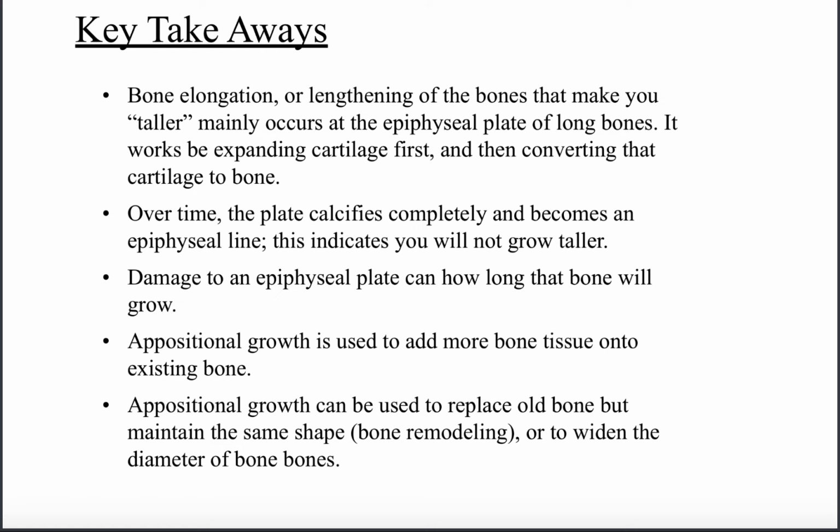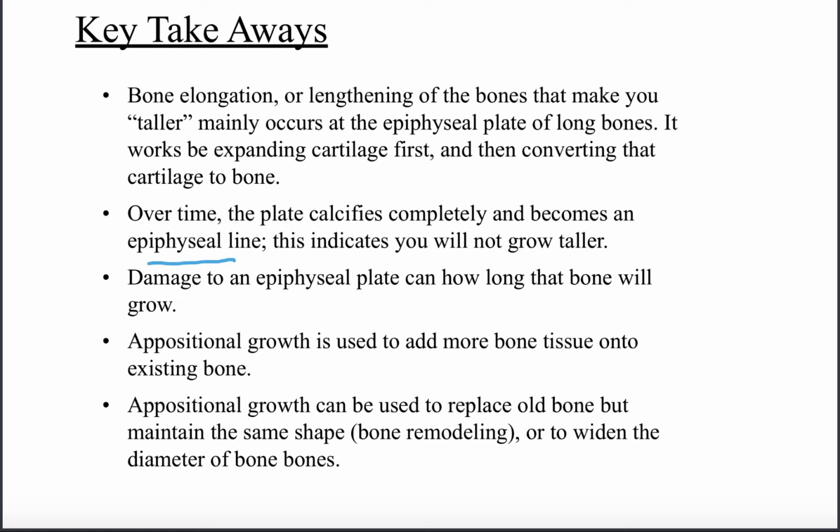All right, so key takeaway. Bone elongation is mainly done through expansion of the cartilage and then converting cartilage to bone, particularly at the epiphyseal plate. When that plate completely converts into bone, or calcifies into bone, that's what we call the epiphyseal line. And at that point, you won't grow taller.